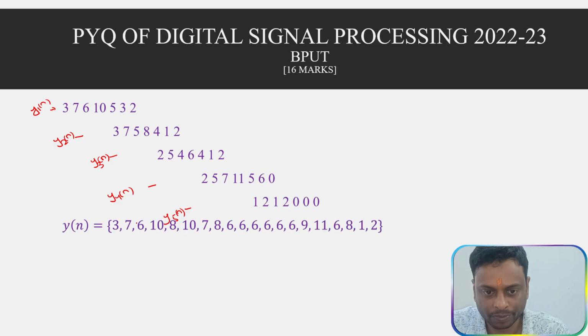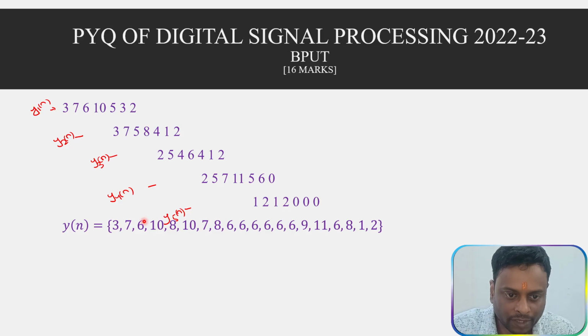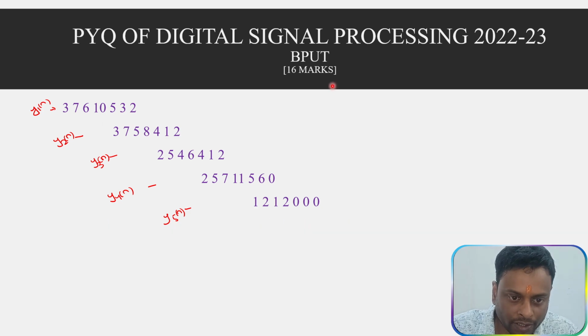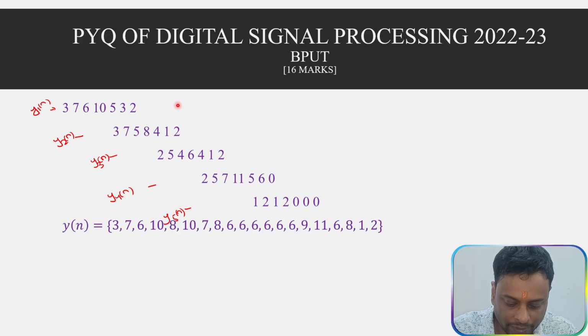You have to add M minus 1 points, as you can see over here. Here M is 4, so M minus 1 means 4 minus 1, that will be 3.